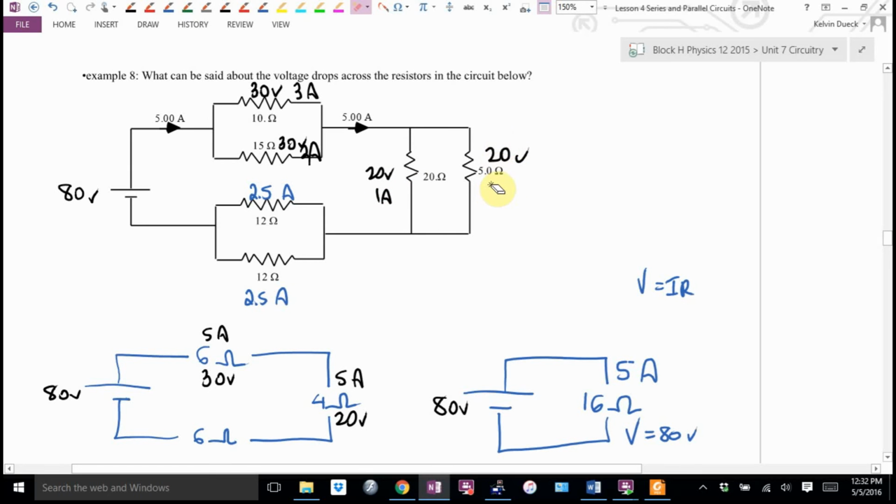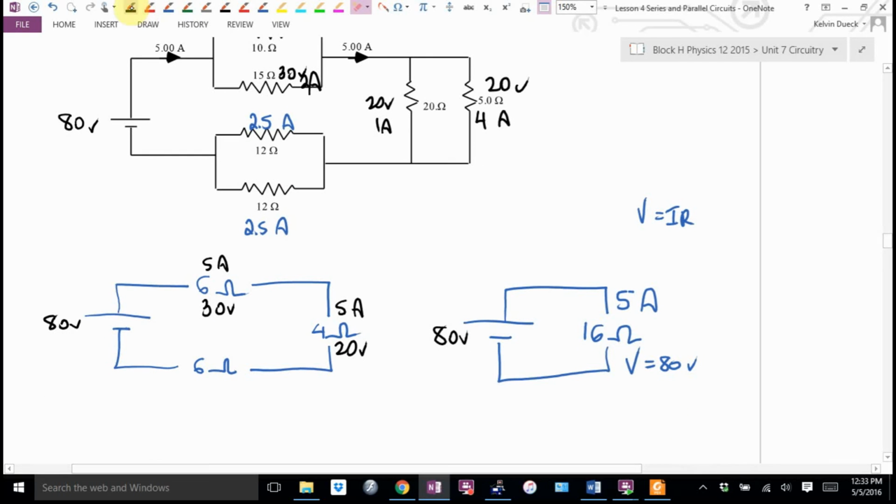And I love the fact that we have a built-in check. I get the same answer two ways. I can use either method. And then I did use the fact that these split up, but you can also see, we could now say how many volts high? 80. How many lose here? 30. How many lose here? 20. How many must I lose going through here? 30.